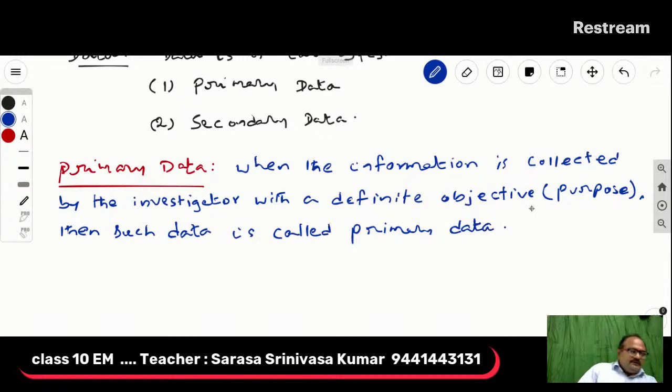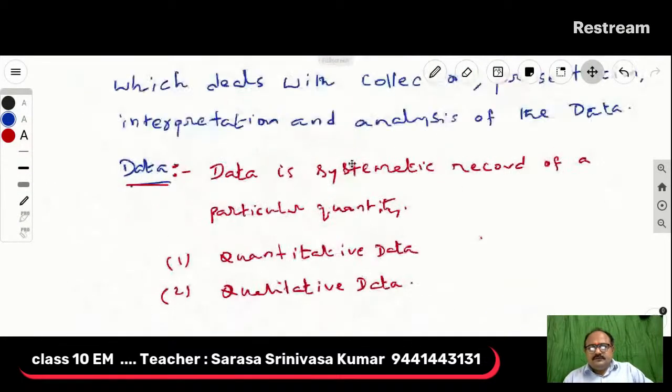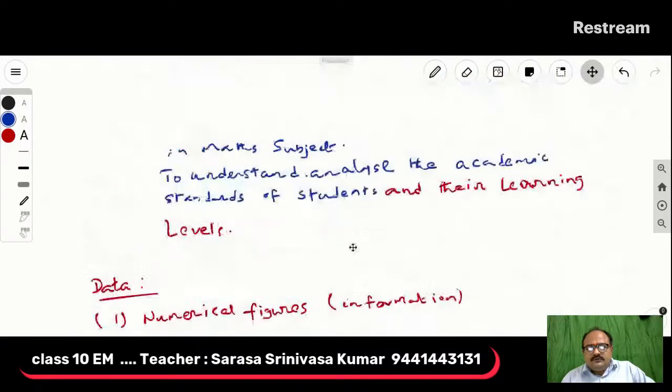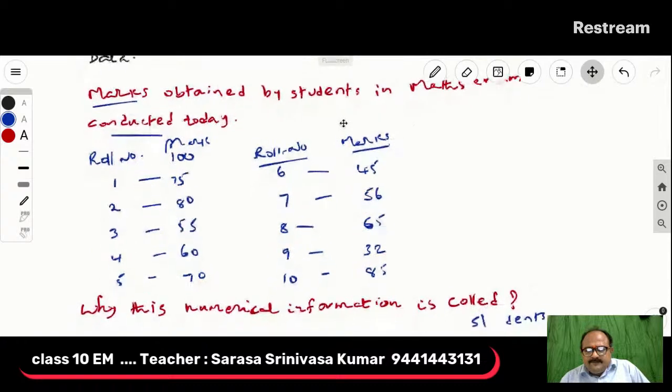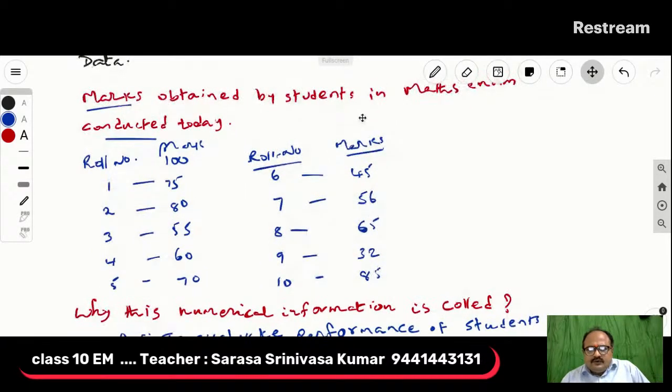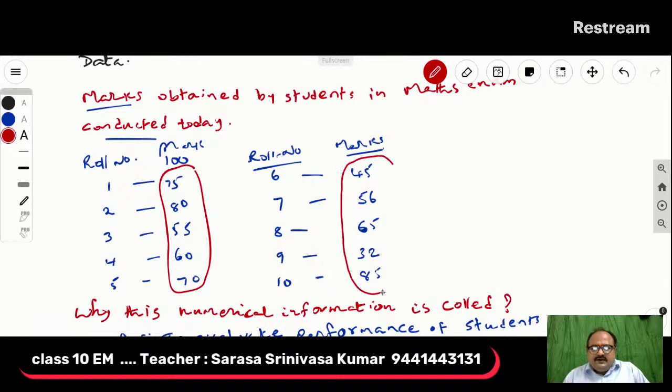For example, in the above example, I told you that I conducted an examination today for students in mathematics of class 9. I evaluated the answer sheets of the students and I have given the marks.